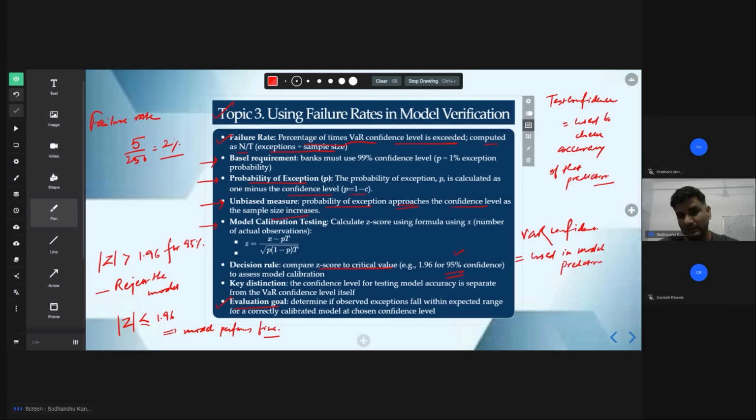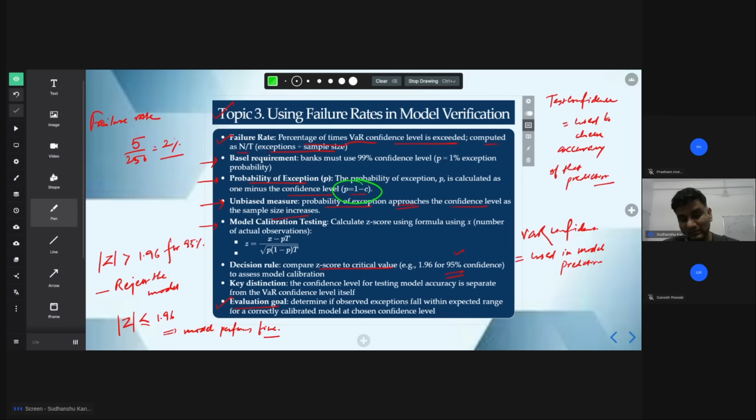Overall, please understand in this slide, we are focusing on your failure rate, which is the percentage of times VaR is exceeded. Then the Basel requirement: 99% confidence, 1% expected exceptions. Then the exception probability is P equals 1 minus C. Then we have the Z test, which tests whether actual exceptions equal your expected or not.